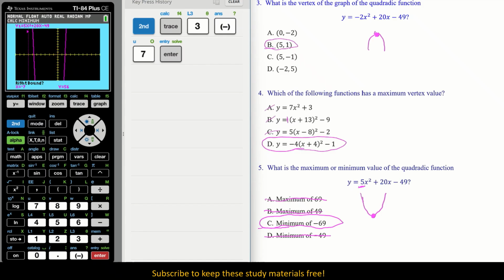I'm going to say 3. So let's push 3, enter. Now you see it says, let's make a guess. So push enter. And look over here where it says y equals. It's -69. And that verifies what we just did with our other method.